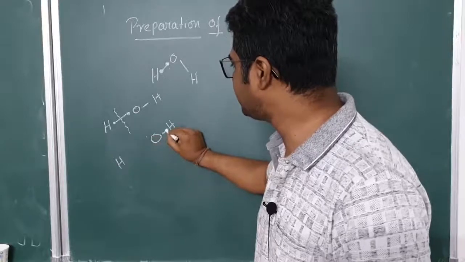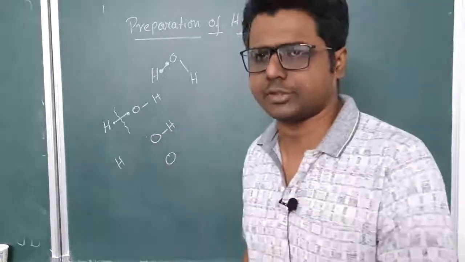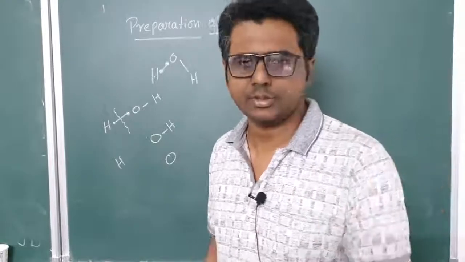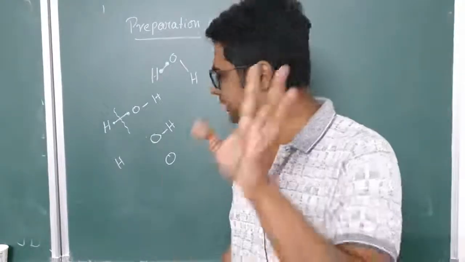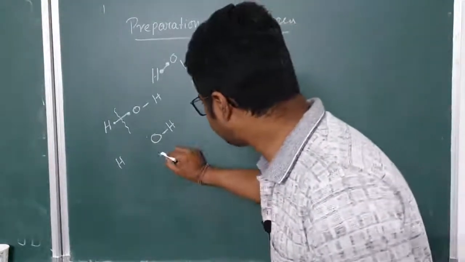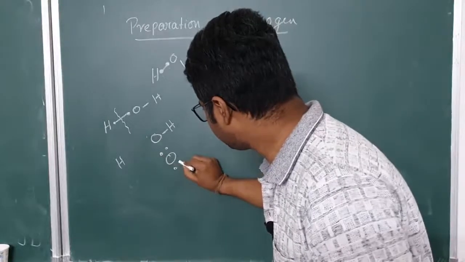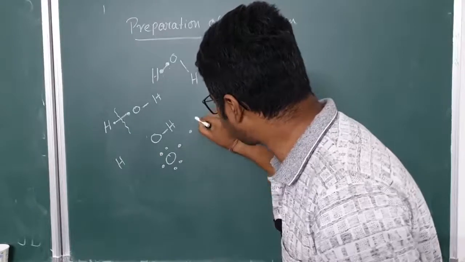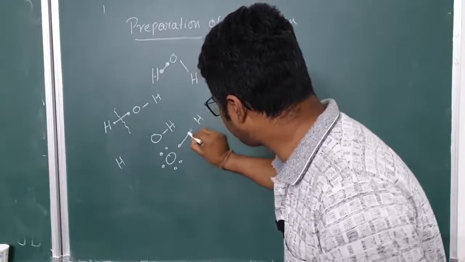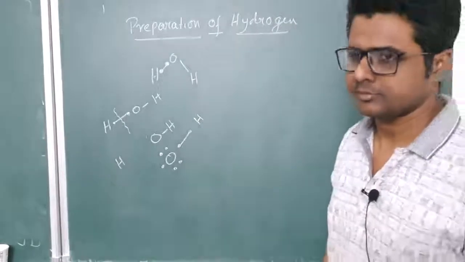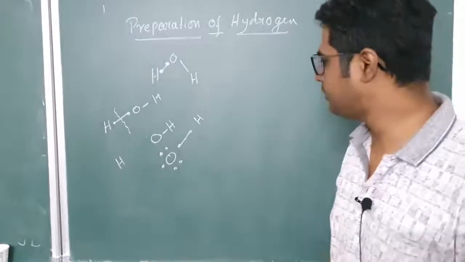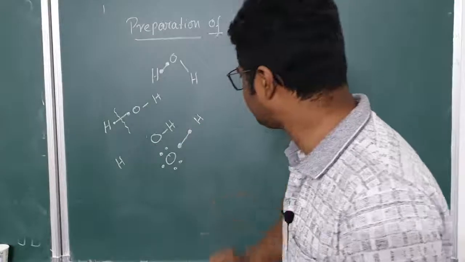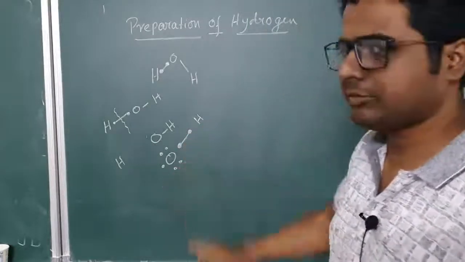Oxygen has a total of 8 electrons, and in its last orbit it has 6 electrons. One of the electrons has been bonded with this hydrogen by this bond, correct? This is the condition of the OH.